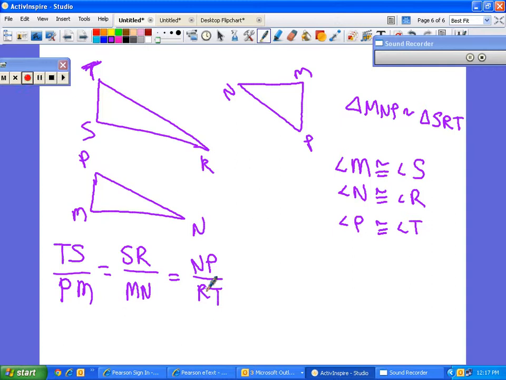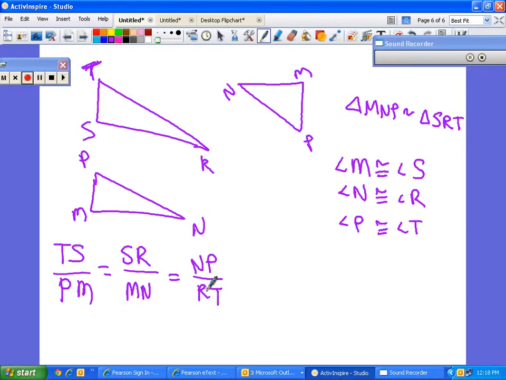The other way to do this, does anybody see another way to get this answer without redrawing the triangles? Oh, I understand. Tyler? There's no numbers here. There's nothing to cross multiply. Look at the similarity statement.